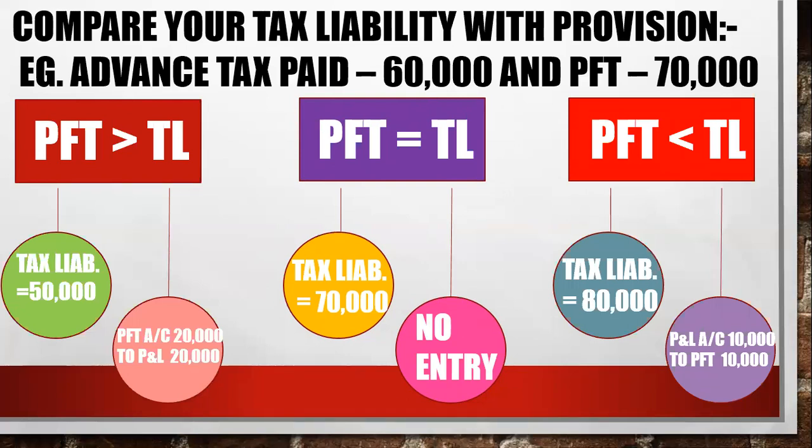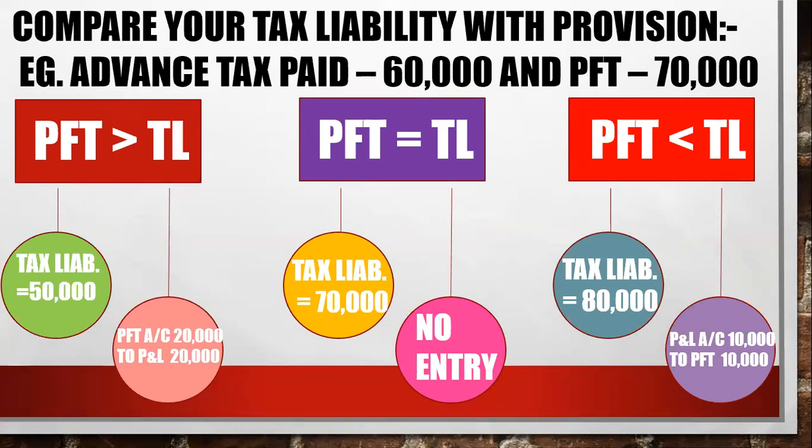Once you find out that PFT is more than that, you have to transfer it back. If it's equal, no entry should be passed. Clear that? Okay. Anyone has any doubt in this situation? No? Okay.